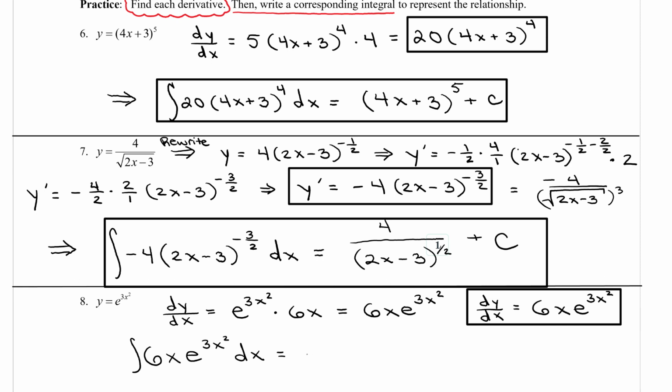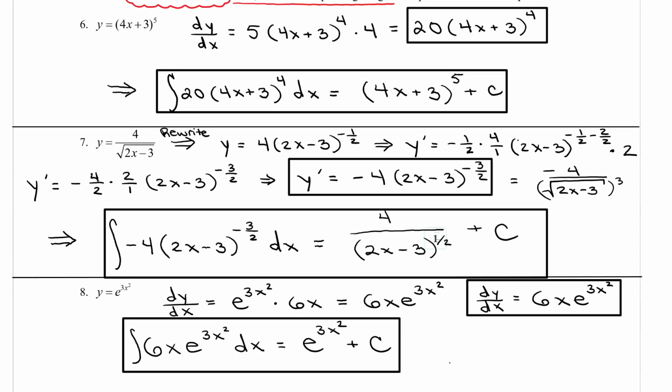This is going to be equal to e raised to the 3x squared power plus c. We're going to box in that entire thing right there, and that's it for problem number 8.